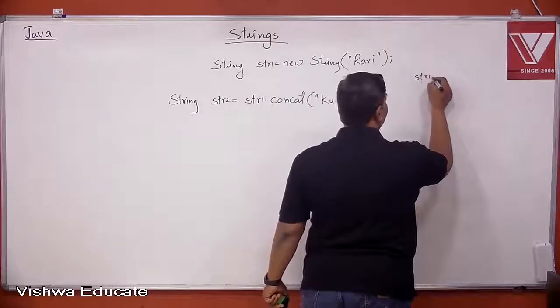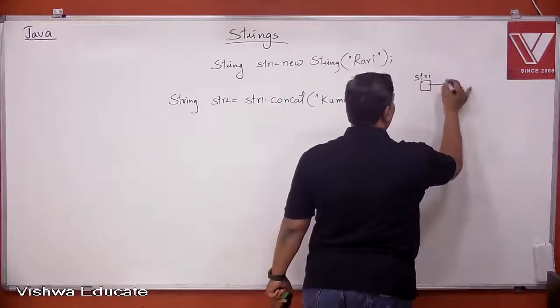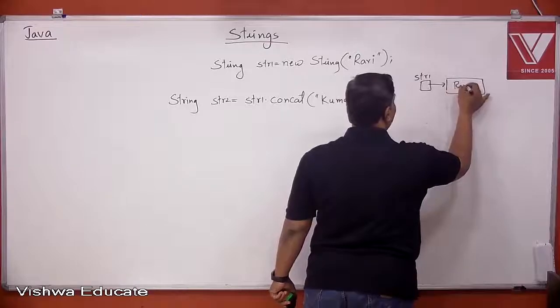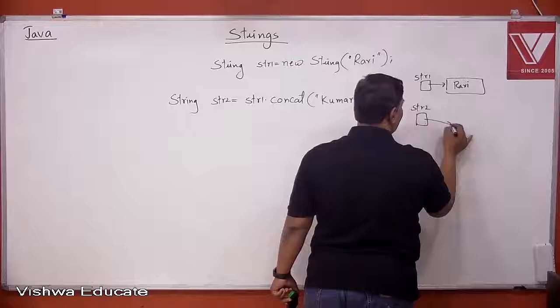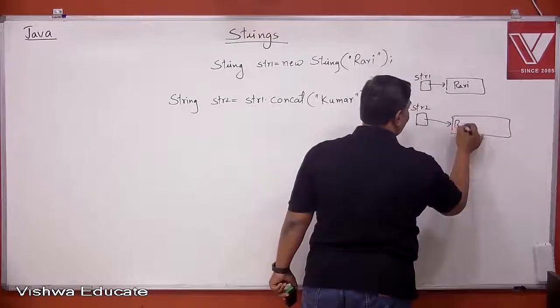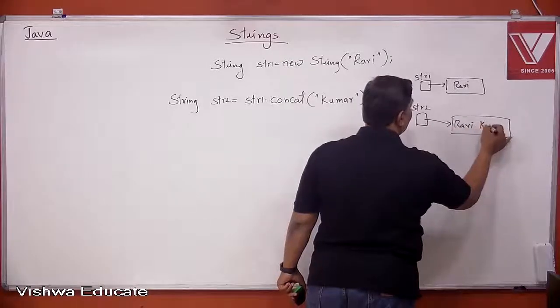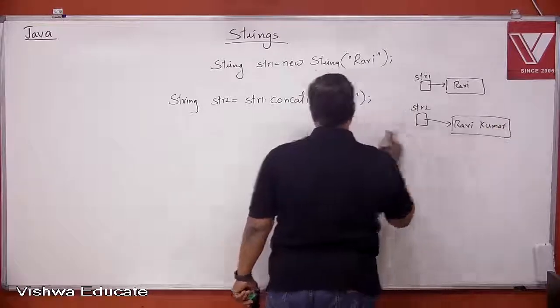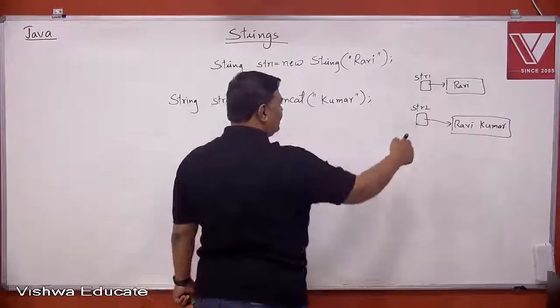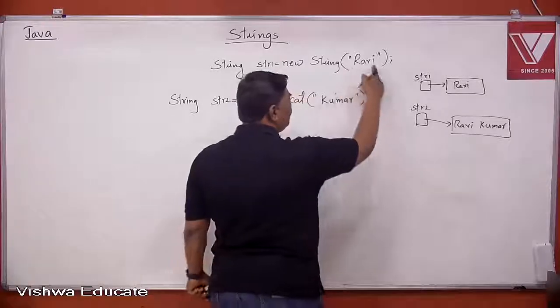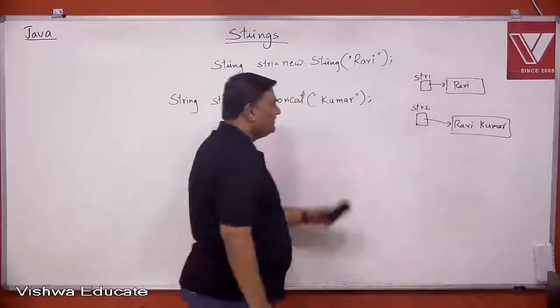So this looks like this. str1 is referring to Ravi, and str2 will be referring to Ravi Kumar. So give a space here so that space Kumar will come there, because already there is only Ravi here. There is no space after that.